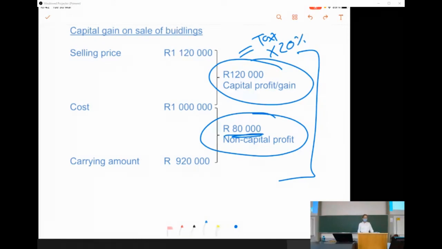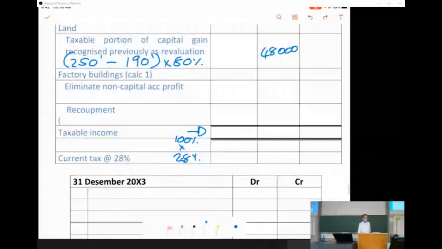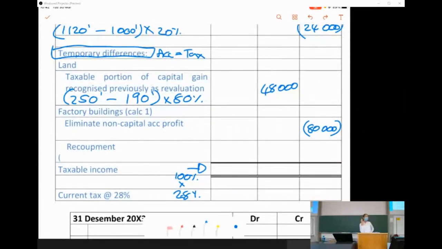Now we have to take out the remaining 80%. So that's what we're doing here with our factory buildings. We eliminate the remaining 80,000 accounting profit. And then we put in the recoupment of the buildings that we will be taxed on fully.